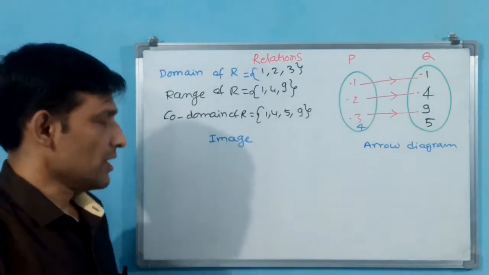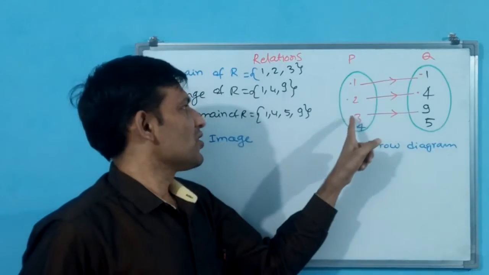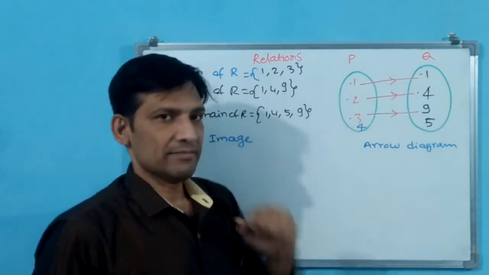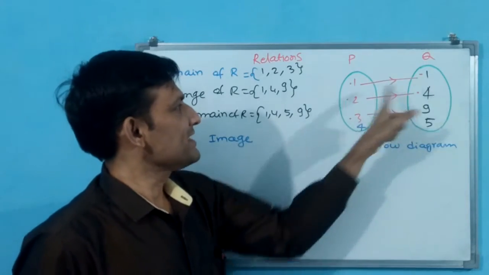Now you see, 9 is the image of 3, 1 is the image of 1, 4 is the image of 2.